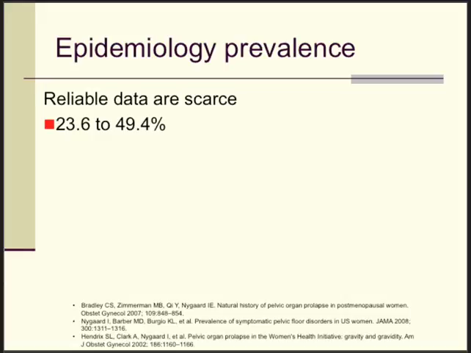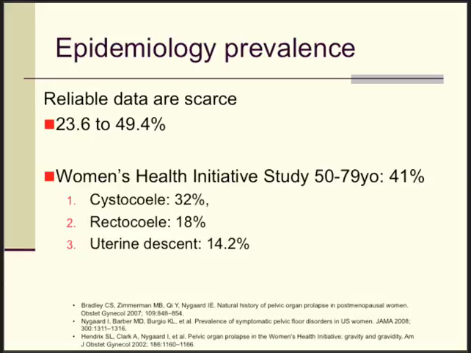When you look at the data from the very big Women's Health Initiative study, which was published in 2002, by the way, that was a big study in the general population where women were given HRT to find out whether that would have a cardioprotective effect. But in that study, women were also asked for prolapse symptoms and they were examined.